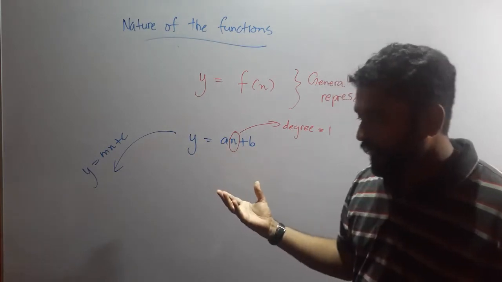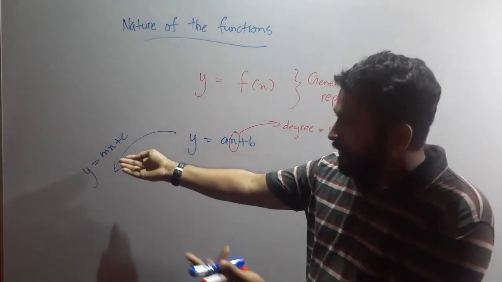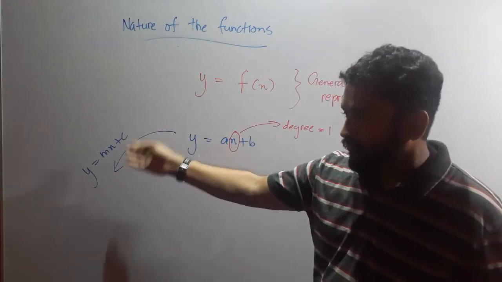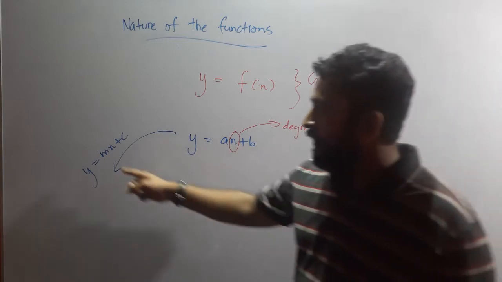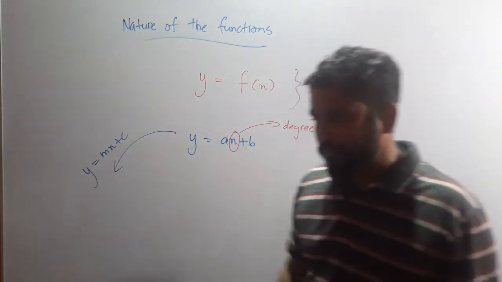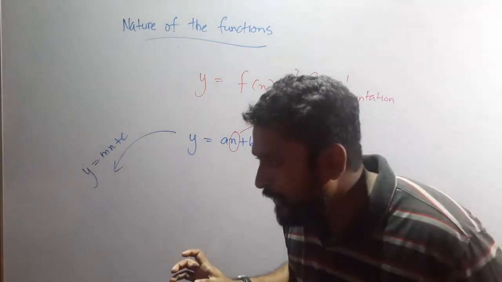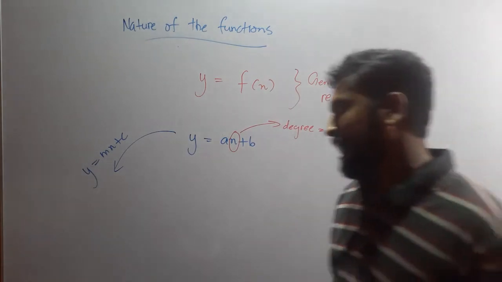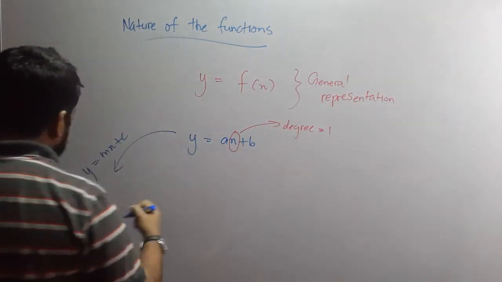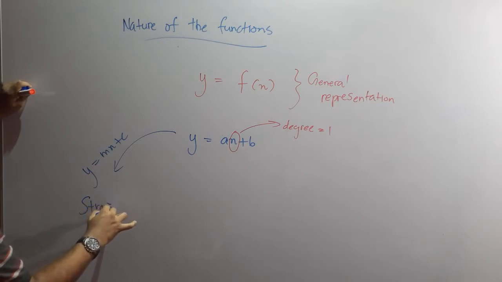Both are the same; it is only a change of letters. You were reminded from O levels that m is the gradient and c is the intercept. It is the same as y equals x plus b. So what is the shape of this particular function? It is a straight line.